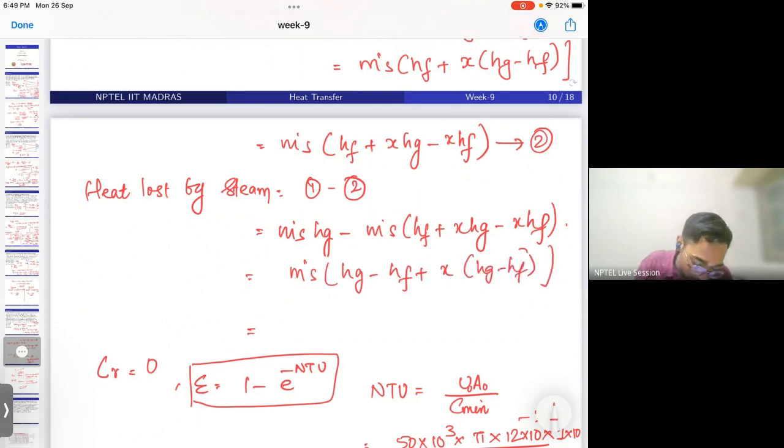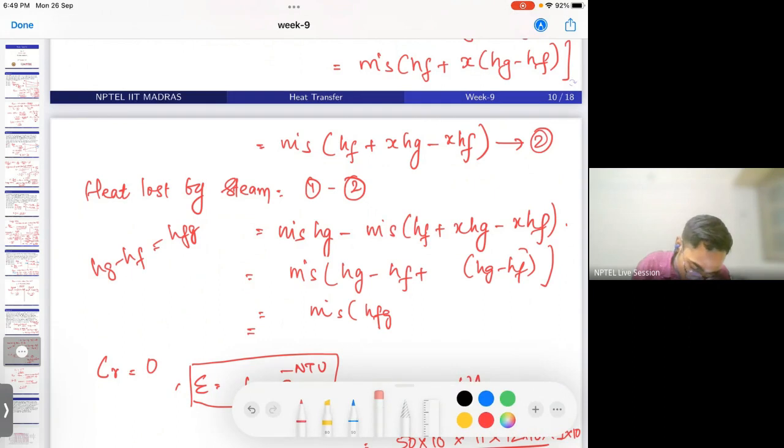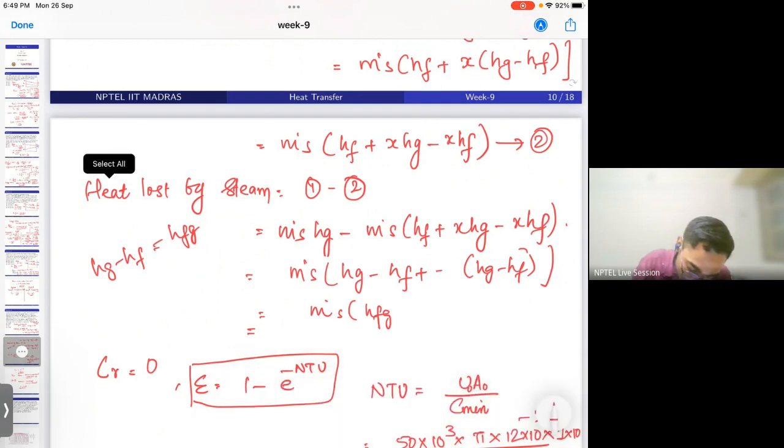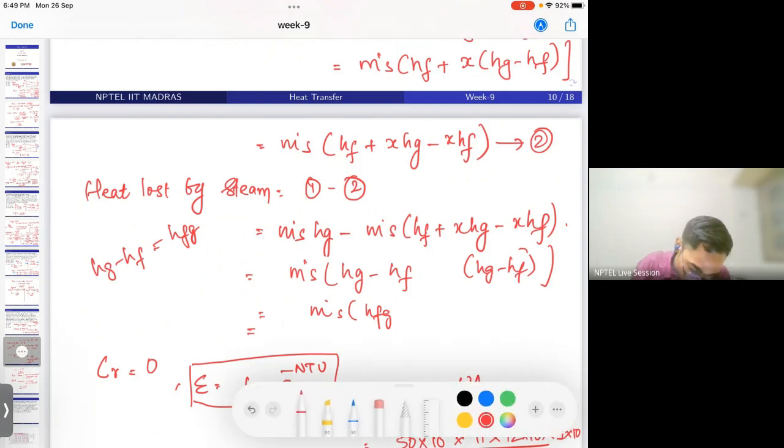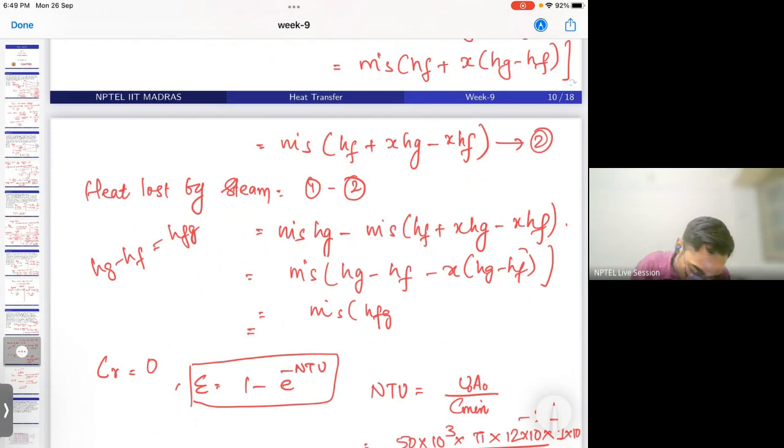HG minus HF is the latent heat, that is, if I write HFG, the answer is 1 minus x into HFG.